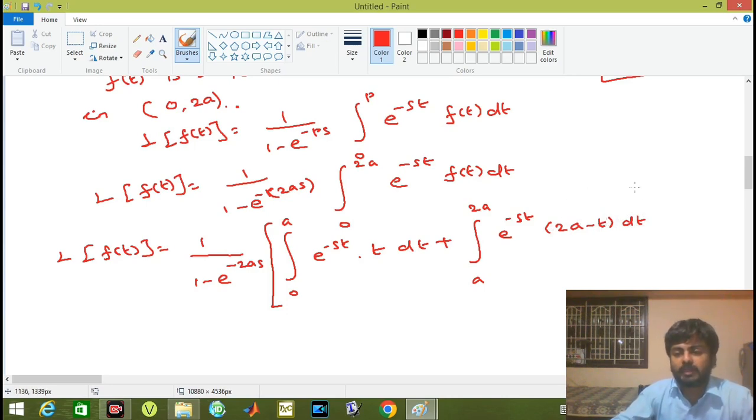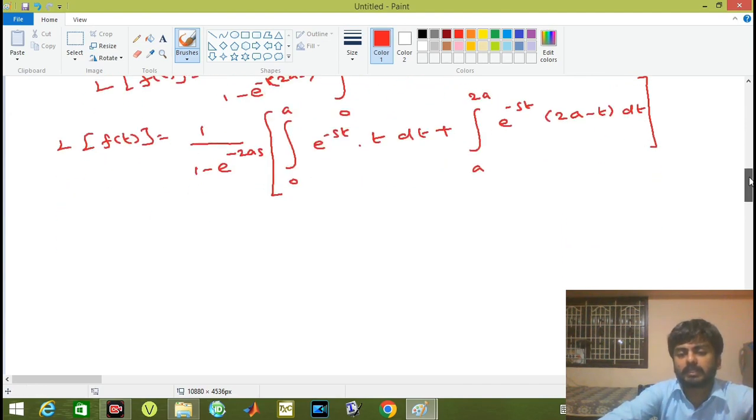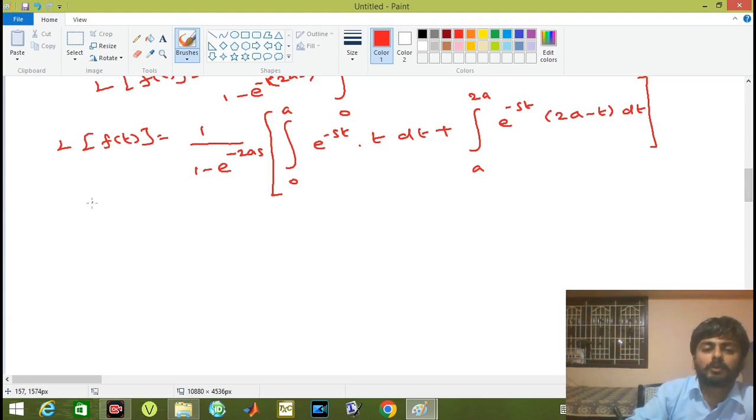So with this expression we have to solve the integrals. Okay, so how to solve these integrals? I am going to take this as integral u dv. Using that formula we can solve.